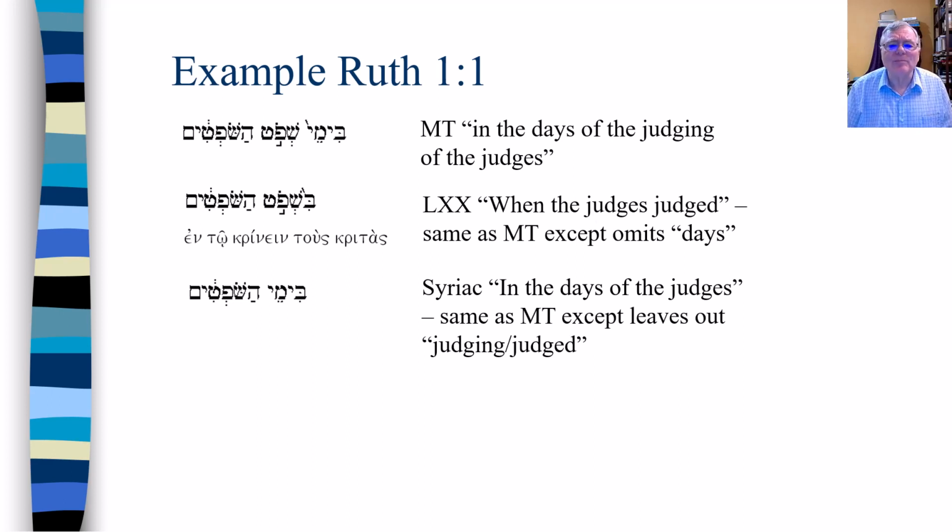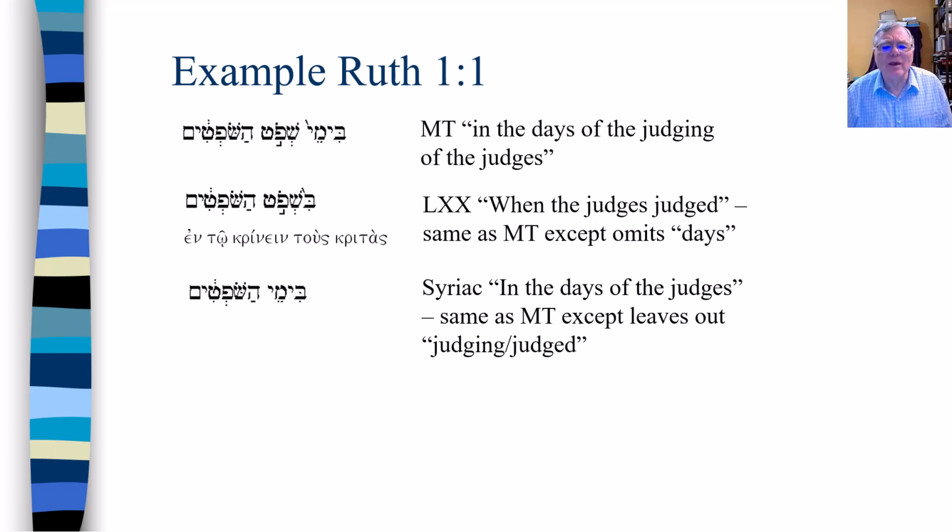But when you get to the Septuagint, it has a shorter reading implied. It says, En to krinein tous kritas, which in Hebrew is bishpot ha-shofatim, when the judges judged, would be the rendering of it. In other words, it leaves out the word days in that particular reading.